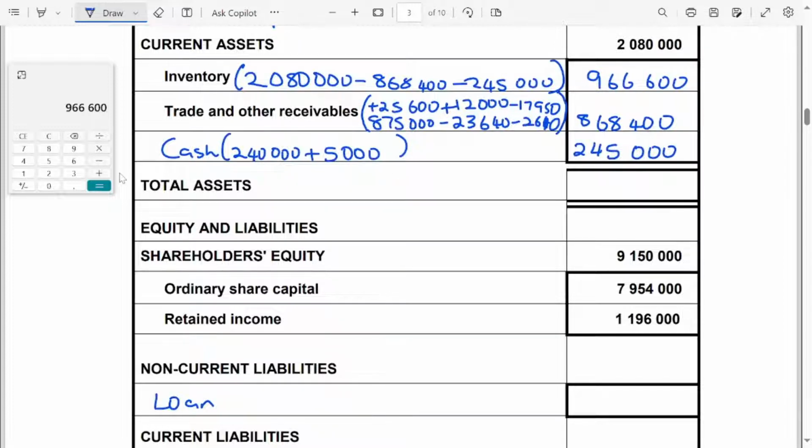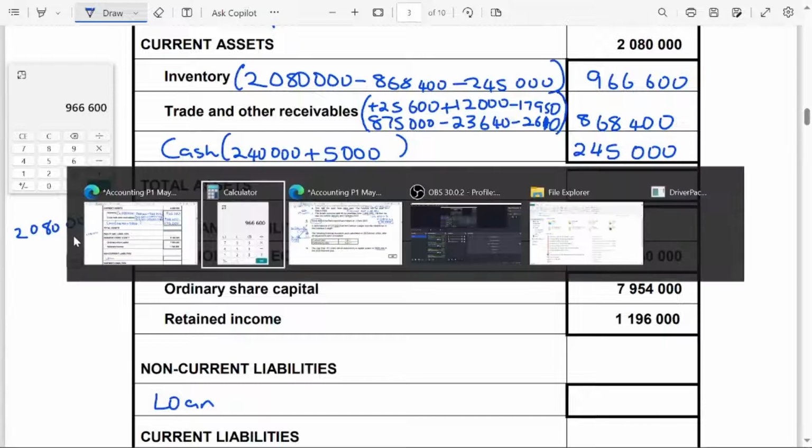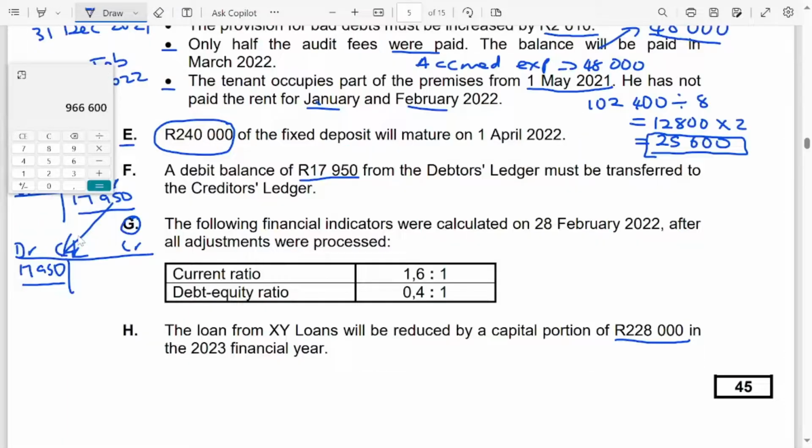Okay, so it means that now with the current asset that is given, 2,080,000, we can find the current liabilities, because the current ratio is 1,6:1.